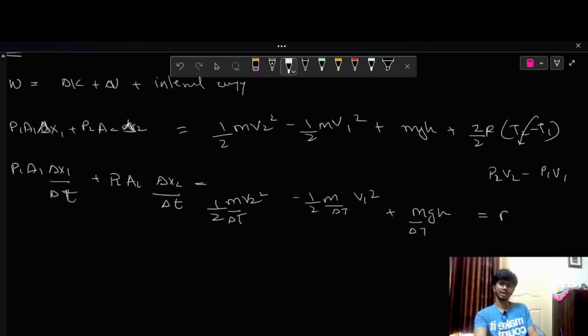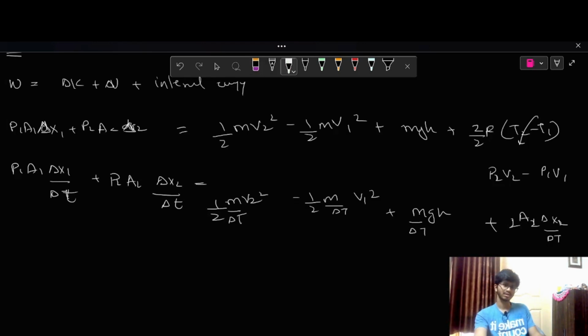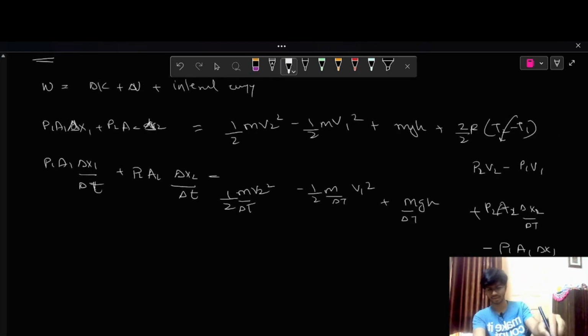Again we can write this in terms of velocity, since delta x1 by delta t is your velocity v1.